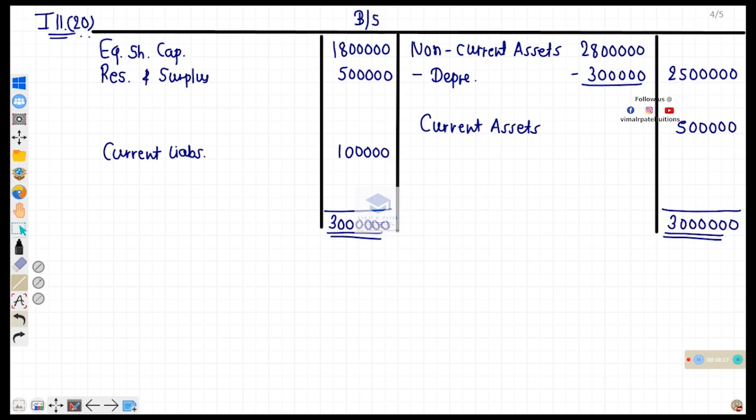So the remaining figure will be your non-current liability. Or from total liability, if you subtract current liability, then also you will get non-current liability.